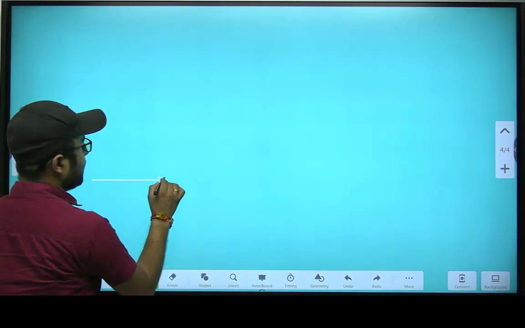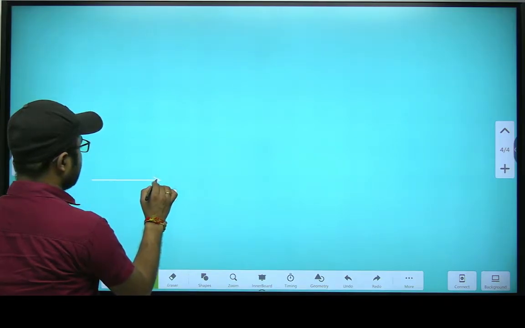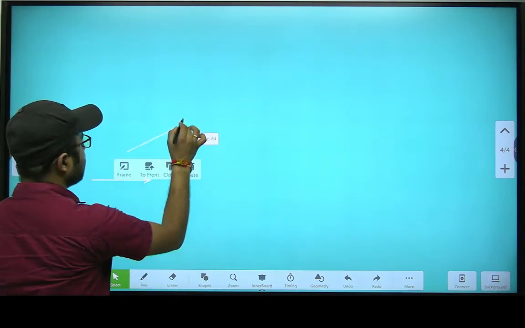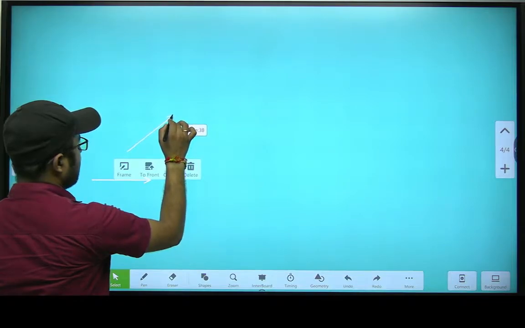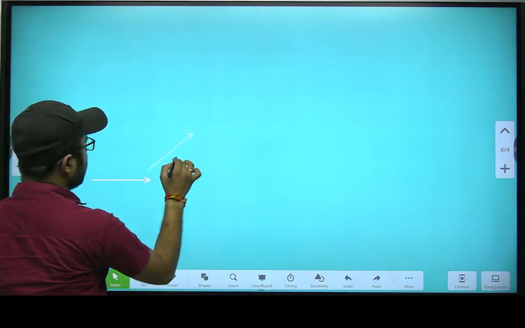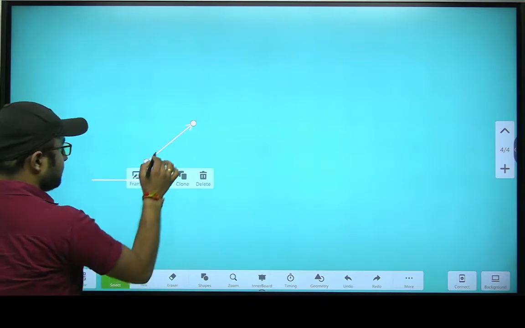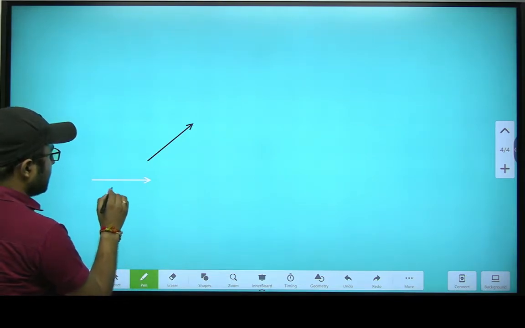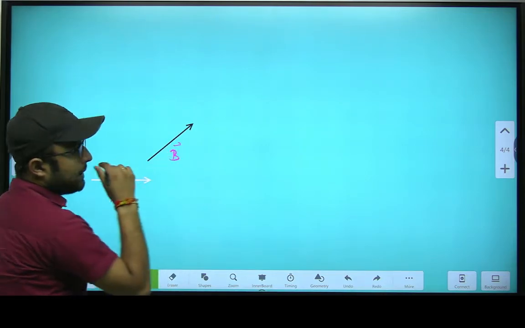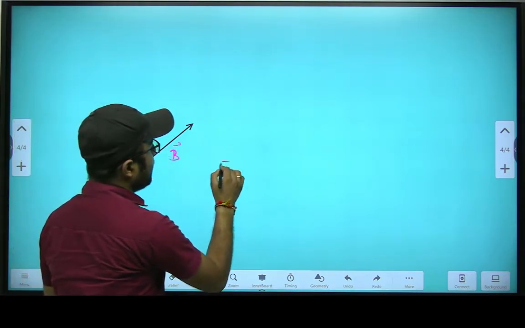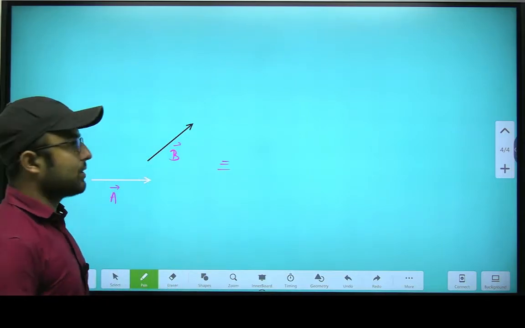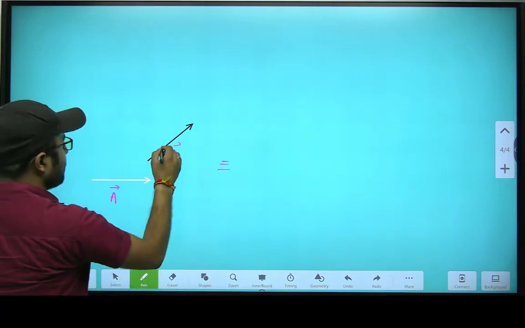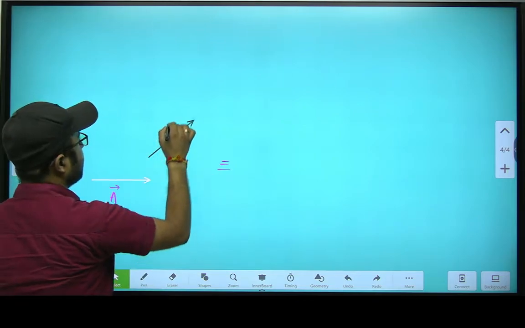If two vectors, vector A and vector B, are inclined at an angle of 40 degrees, this is vector A and this is vector B. So if we add them by the parallelogram law of vector addition, that is, if we need to find A plus B, what will we do in the parallelogram law? We'll make it a little bit upward.